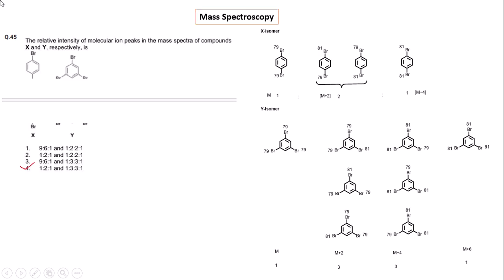And in case of the tribromo substituted systems, where n equals 3, the (A plus B) whole cube equation is applied, and according to this equation, if we put the abundance ratio of 1:1, we get the intensity of the mass spectra M plus 2, M plus 4, M plus 6 as 1:3:3:1.